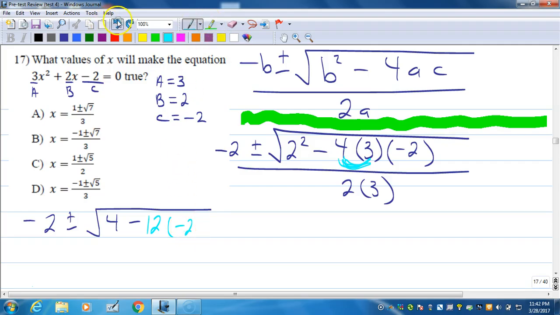So I'm going to write that down just to save space. So 4 times 3 is 12. 12 times negative 2 is negative 24. Negative, negative. When you have two negatives, it turns into a positive sign. Divide that by 2 times 3, which is 6. 2 times 3 is 6.